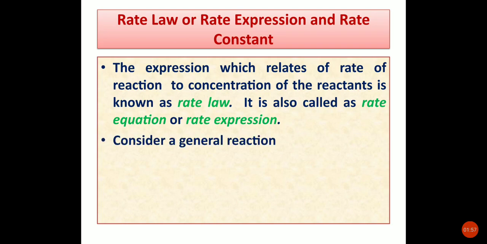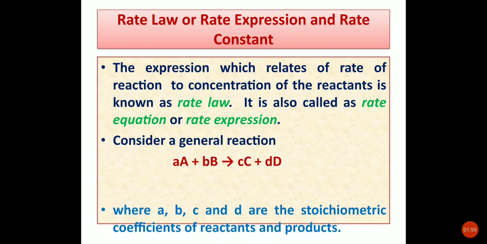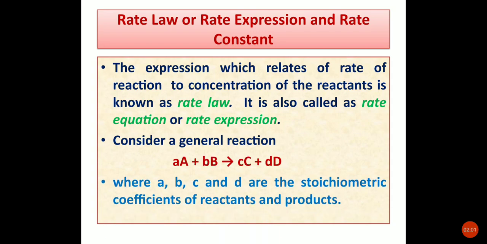Okay. Consider a general equation, aA plus bB gives cC plus dD, where a, b, c and d are the stoichiometric coefficients of reactants and products. That we have already seen.